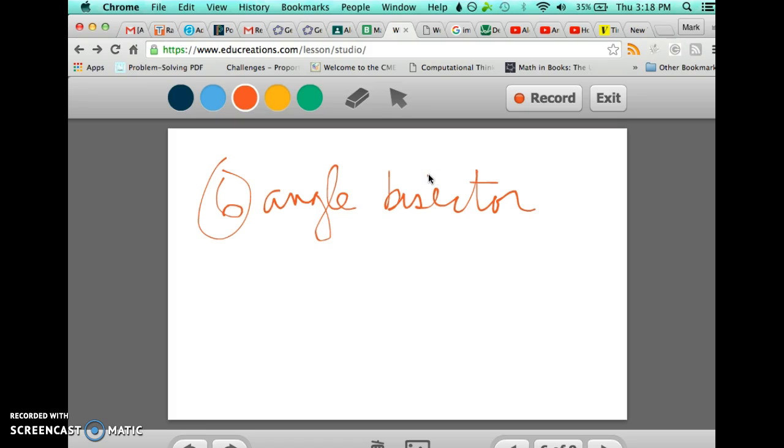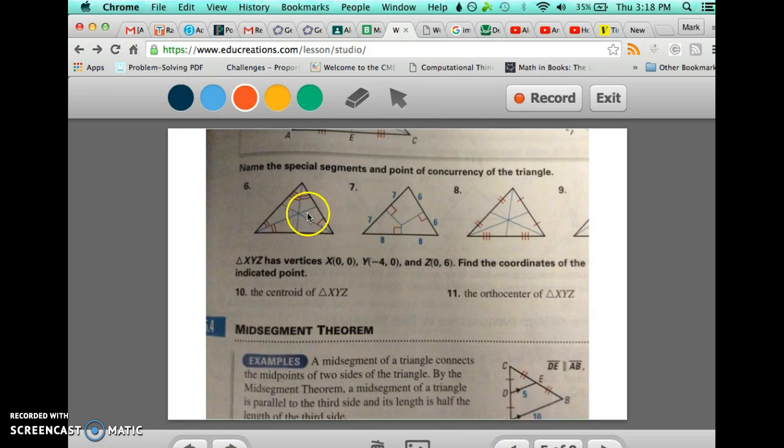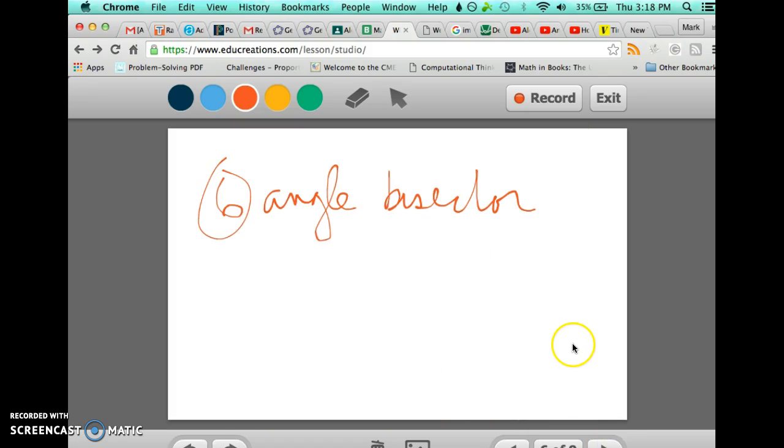Like I said, there's 3 of them. They are concurrent. That means they all intersect at one point. And there it is. And so you've got to know what it's called. It's in section 5.2, and it is the incenter. You've got to know your points of concurrency on this test, so good luck with that.